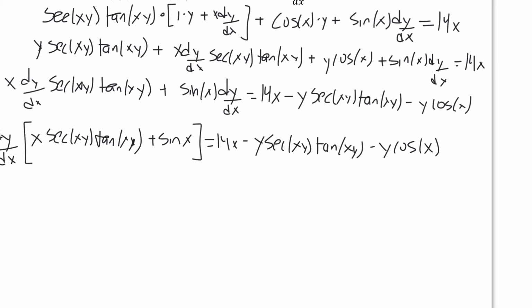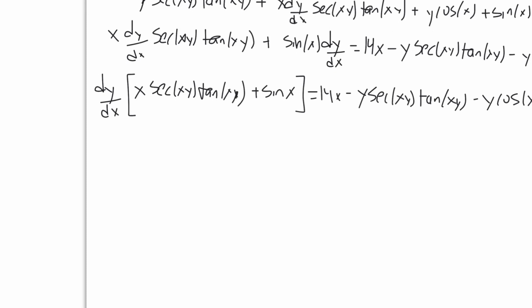For that final step, we divide it out, and so we would write underneath this divided by x secant xy tan xy plus sine x, and the same thing happens on the other side.